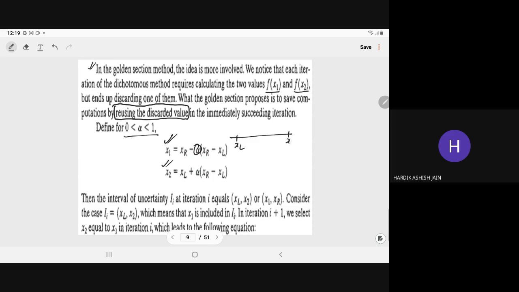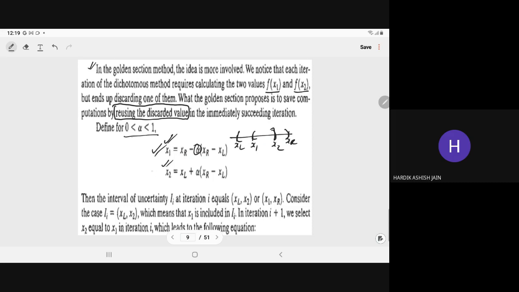Here we have xl and xr, and we compute x1 always on the left-hand side and x2 on the right-hand side. So x1 is xr minus this distance, and x2 is xl plus this distance.